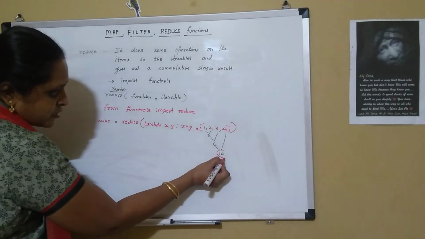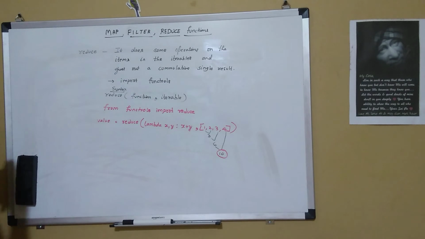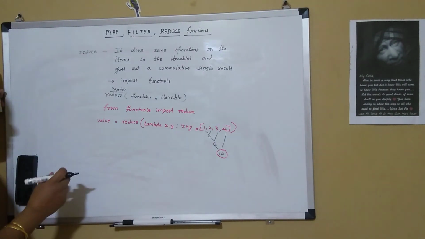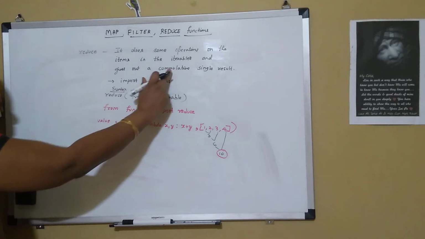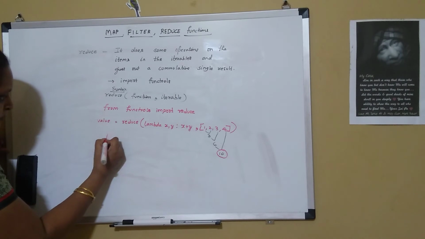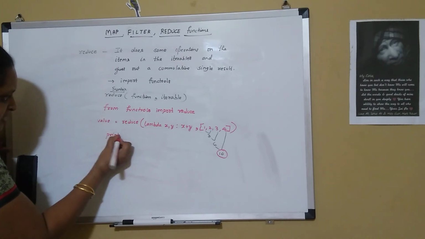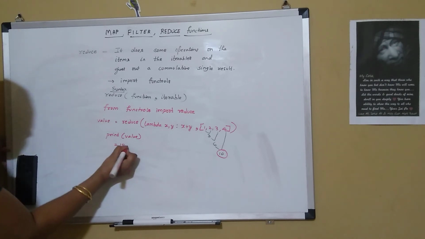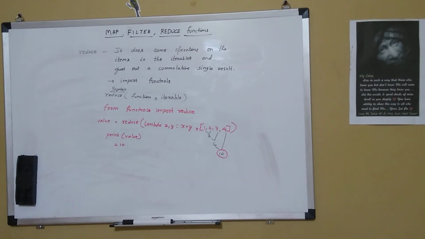It reduces the number of items in the list and returns a single cumulative result. Now if I say print value, the value 10 will be printed on the console. So this is how the reduce built-in function works in Python.